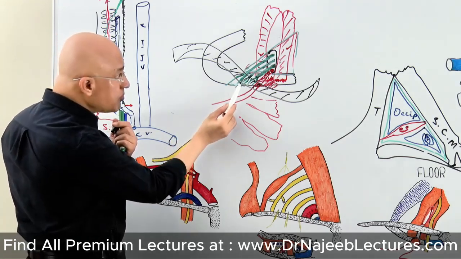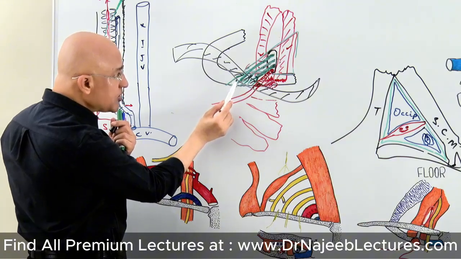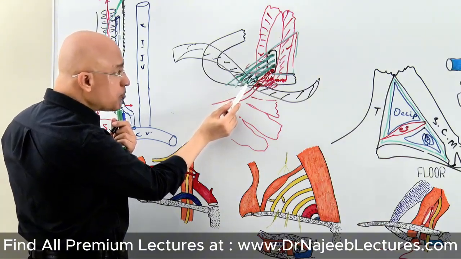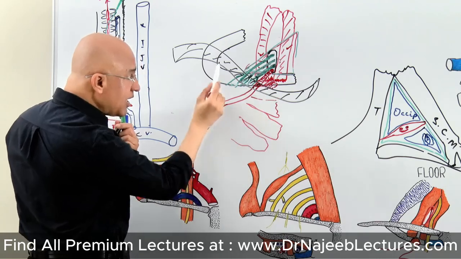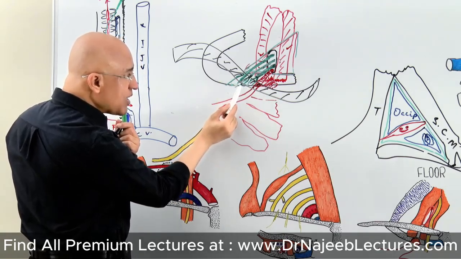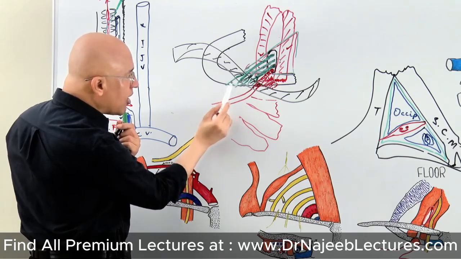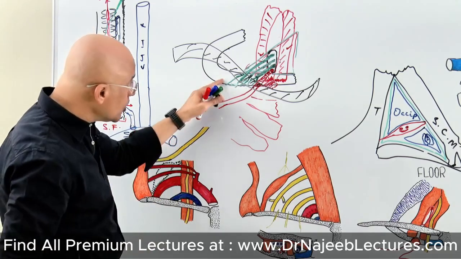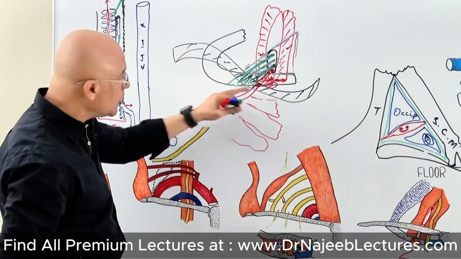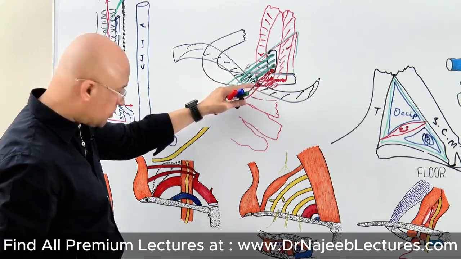It means they are in a space, or a gap, which is below the clavicle and above the first rib, right? This gap is called the costoclavicular space.